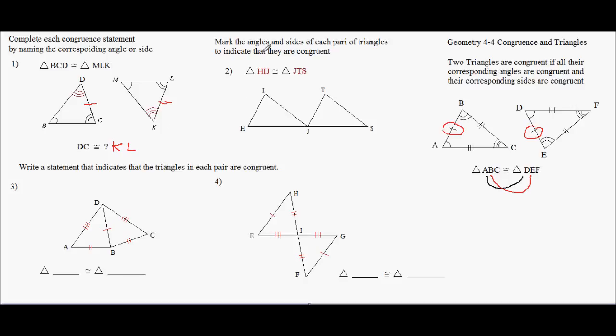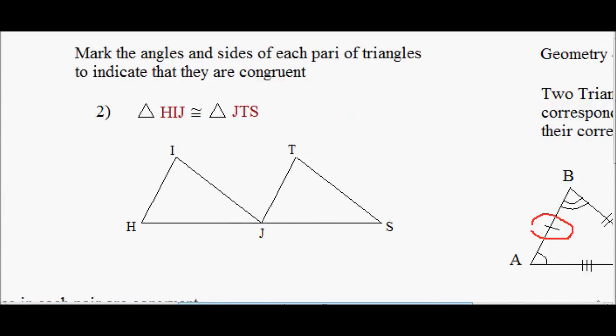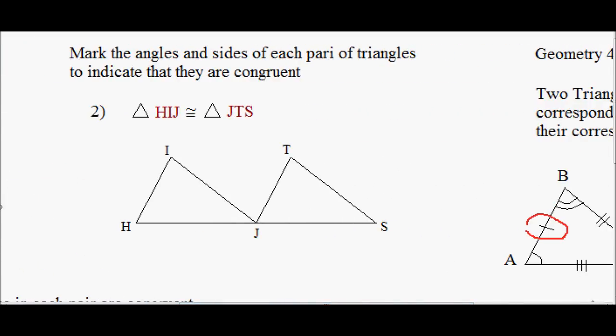See that? Mark all the angles and sides of each pair of triangles to indicate that they are congruent. Okay, so I'm gonna make this bigger and move it over a little bit. Okay, so I'm just gonna mark H. Well, H is this, and J is that, right? And I guess I'm gonna go littler. And then I, well, that's the two marks, and the T has two marks, right?